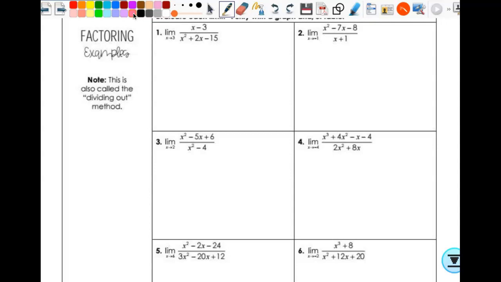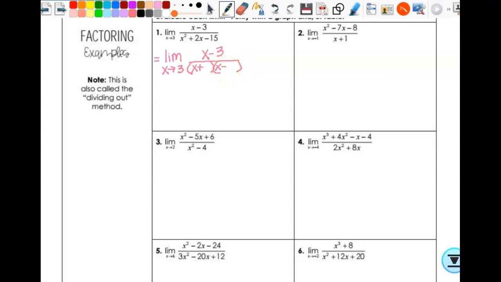So one thing that's important is actually writing what you mean and not leaving things off. So as we carry, until we actually evaluate the limit, we have to rewrite this part. So I'm going to have to say the limit as x approaches 3, and then I'm going to factor this. I get x minus 3 in the numerator. In the denominator, I have x and x. 15 is negative, so my signs are opposite.